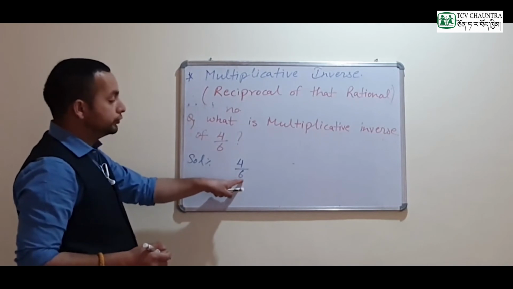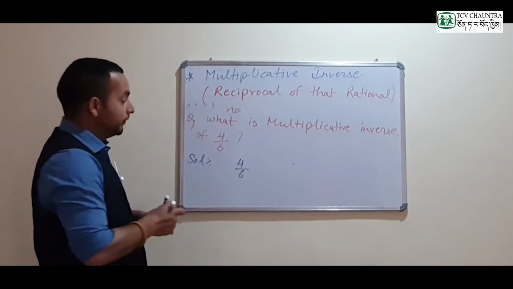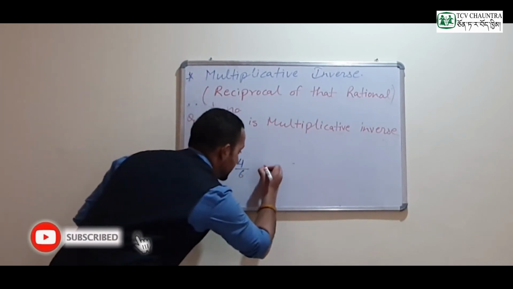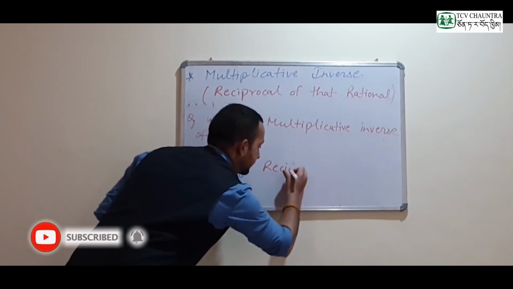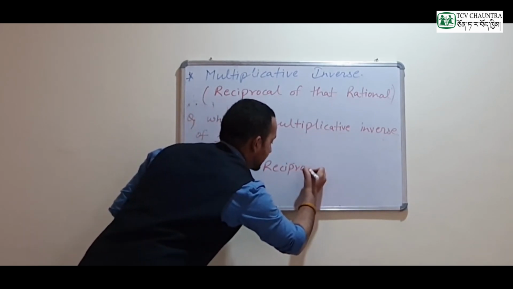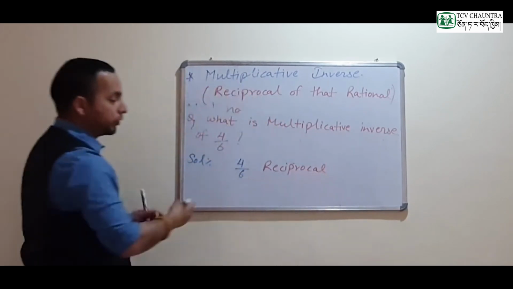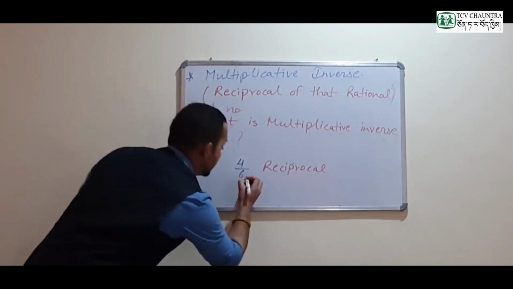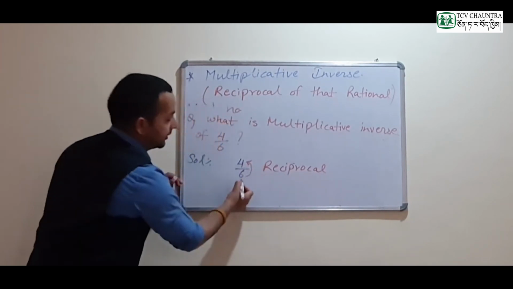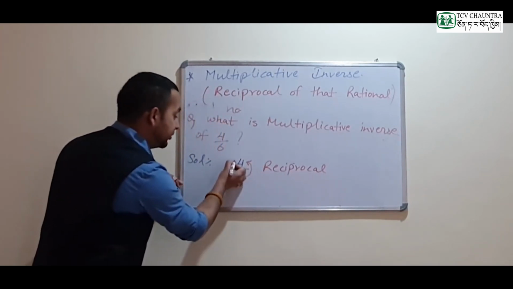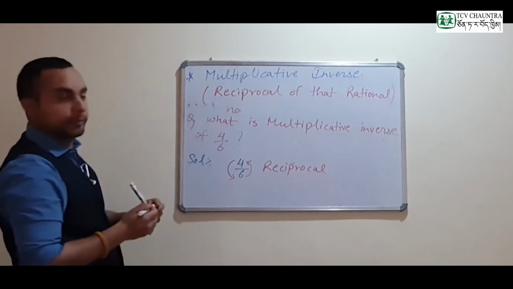Now you are going to take the reciprocal of this number. For the reciprocal, the denominator 6 will become the numerator and the numerator will become the denominator.